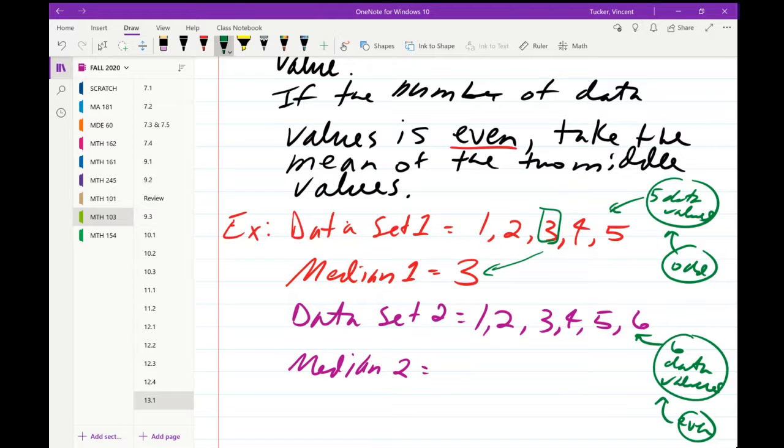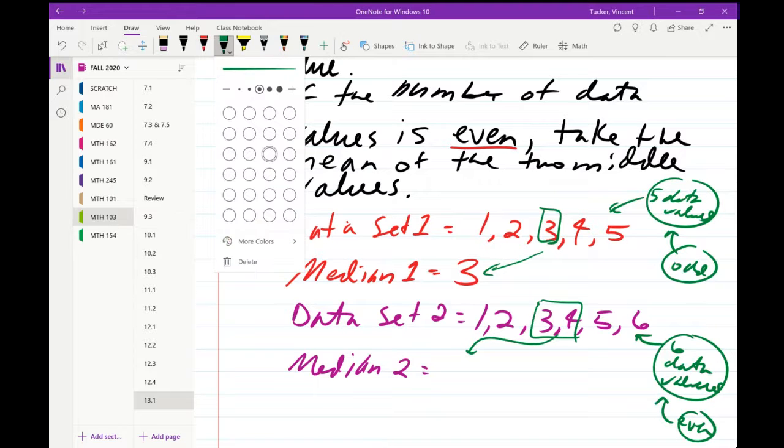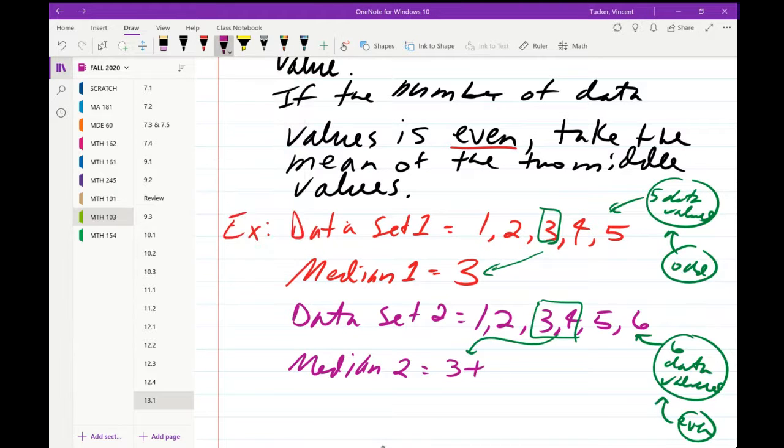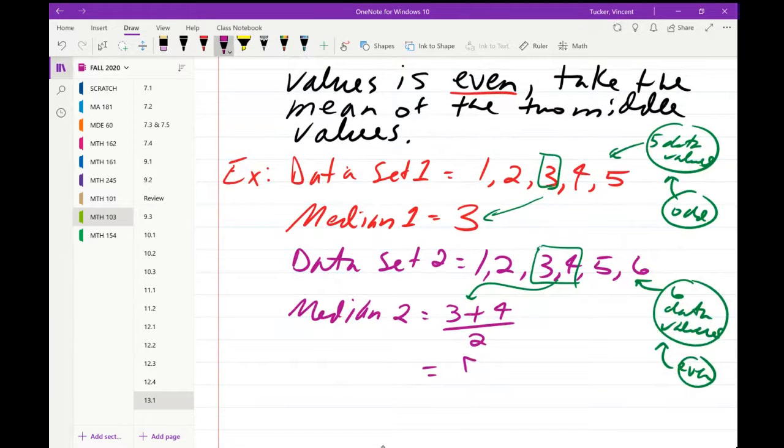My second data set, I have an even number of data values, which is 6. So that means I do not have a middle value. So I take the two middle values, add them together, divide by 2 because I'm taking the mean of the two middle values, which is 3.5.